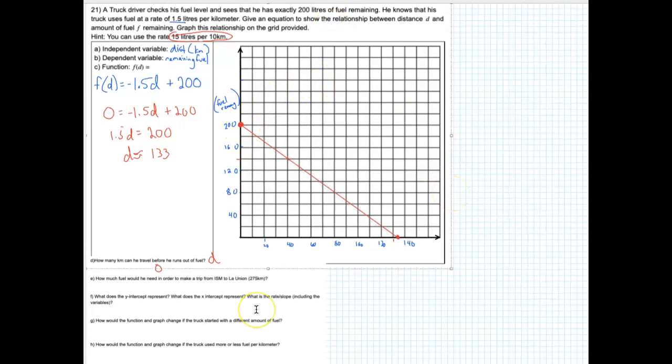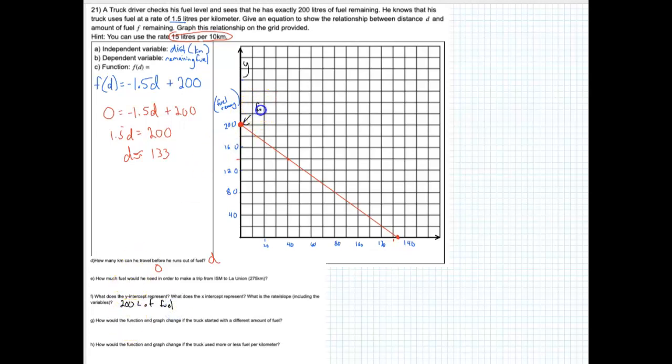All right. Next question: what does the y-intercept represent, and what does the x-intercept represent? The y-intercept is more obvious, because that's always our starting point. That represents the 200 liters of fuel that is in the tank when we started, okay?